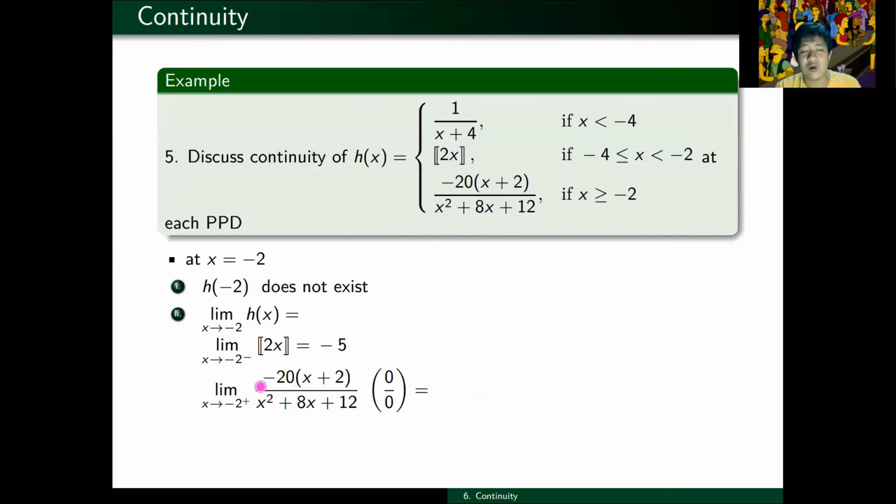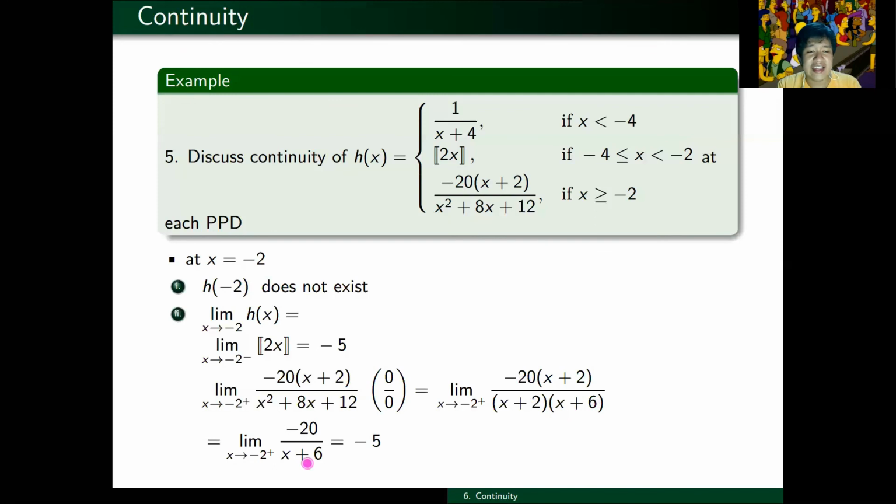You get 0 over 0, but we can factor out your denominator to something like this. Magka-cancel yung x plus 2 tsaka x plus 2, so I get negative 20 over x plus 6. Pag pinasok ko yung negative 2 sa baba, I get negative 20 over 4. I get, ito pala, negative 5. Okay?